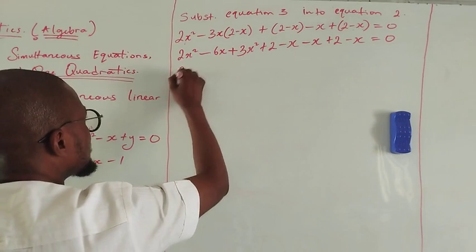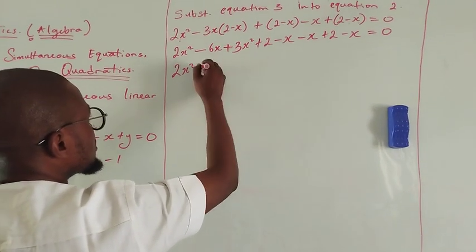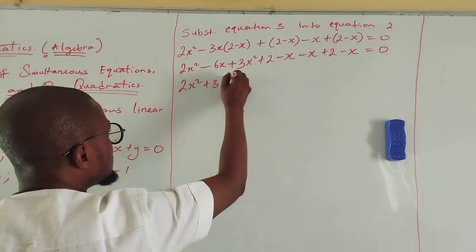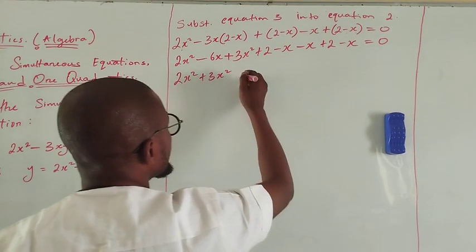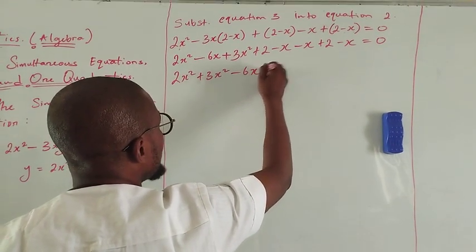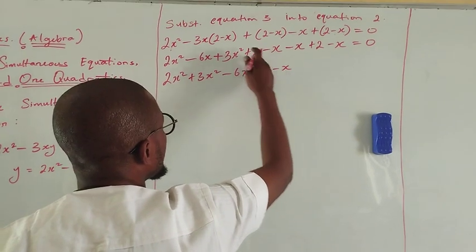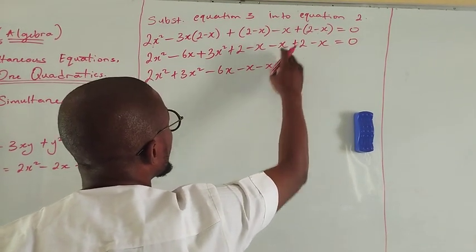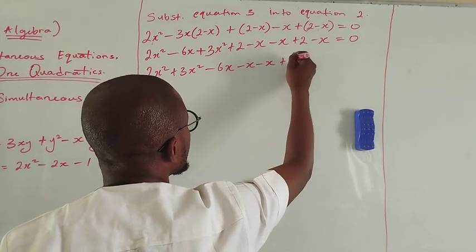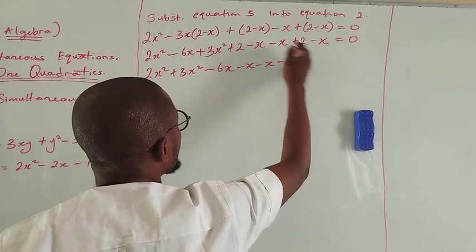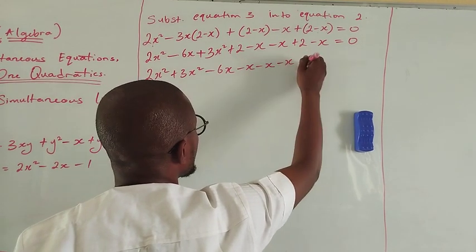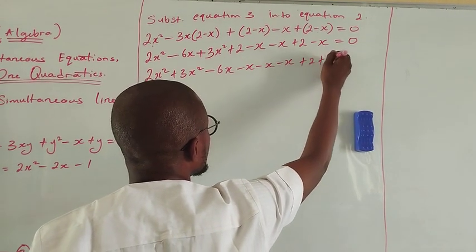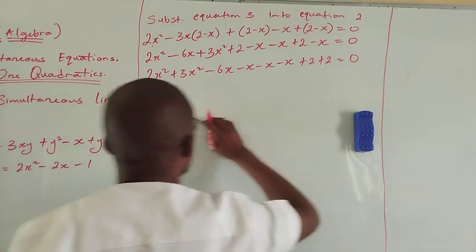Therefore, we have 2x squared plus 3x squared. Then we have minus 6x minus x minus x, and there is another minus x here. Then we have plus 2 and plus 2, which is going to give us 4.